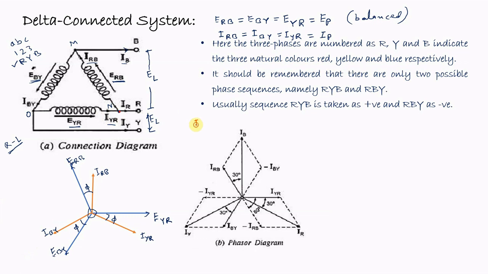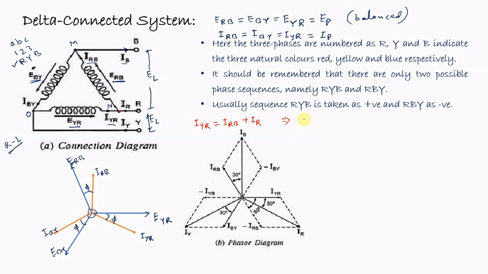From this terminal, the outgoing current is IRB. And here also there is an outgoing current, that is IR, where IR is the line current, because this current is flowing to the external circuit.